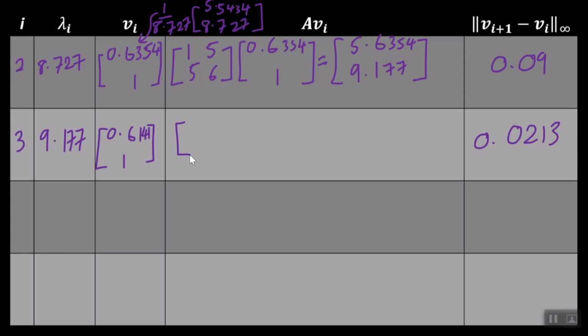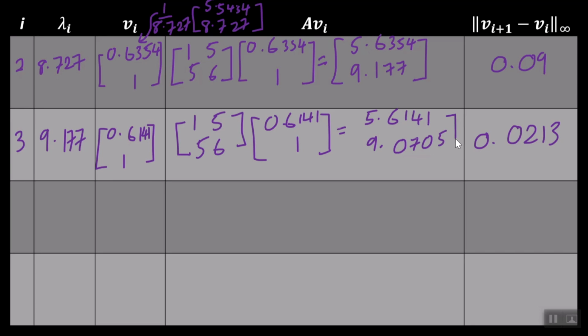So again, we have AV using calculator. We get 5.6141 and 9.0705 as the second entry.